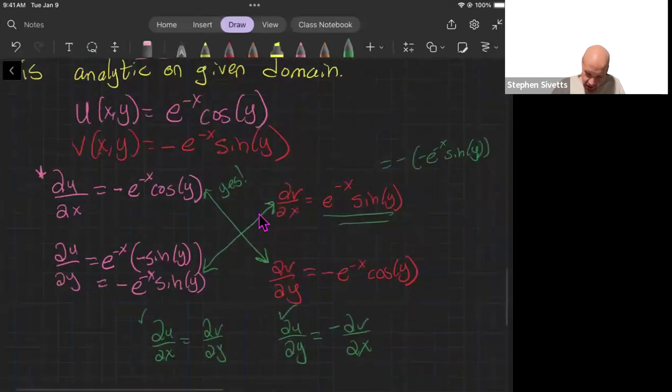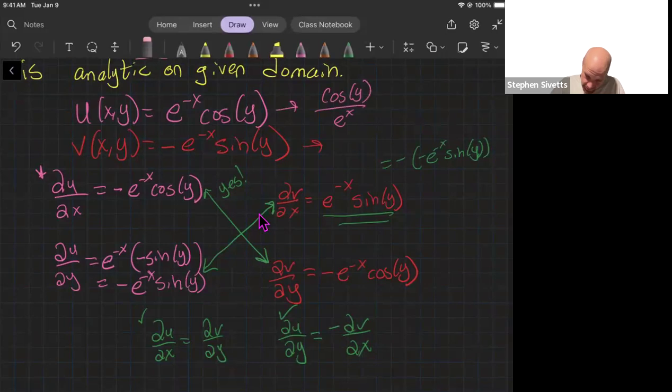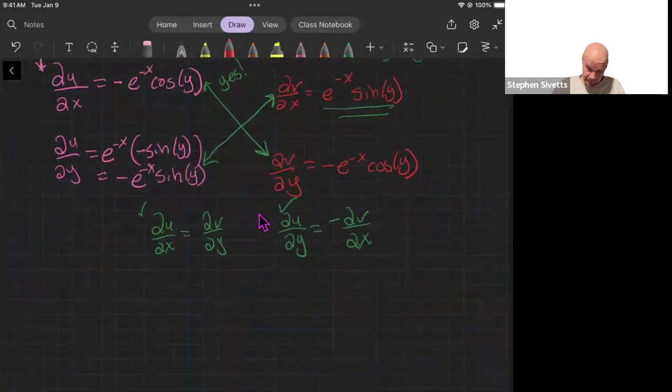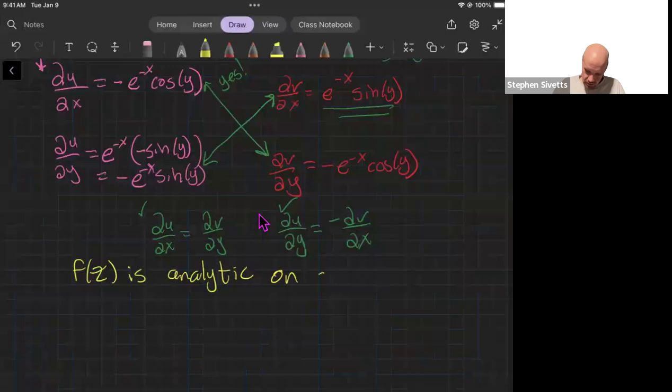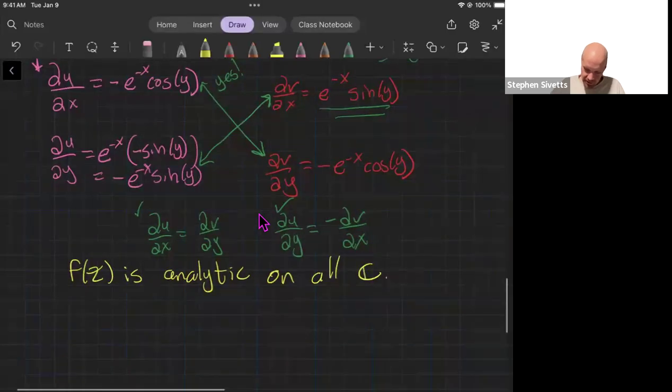And if you notice, we can rewrite these quantities as cosine y over e to the x for the real component, and sine y over e to the x for the imaginary component. Okay, e to the x is never zero. So we can say that f of z is analytic on all of the complex numbers.